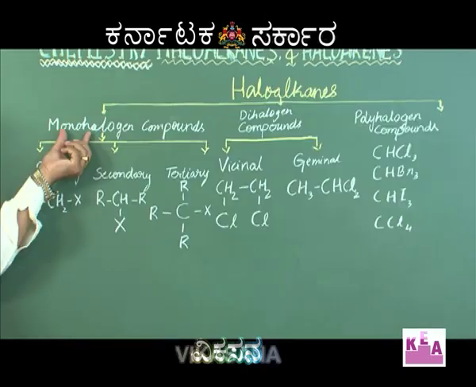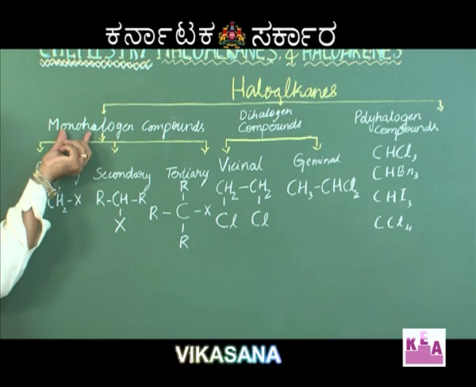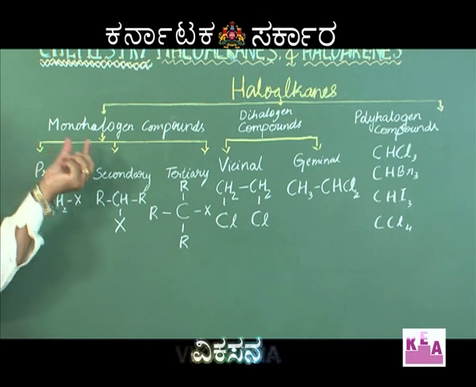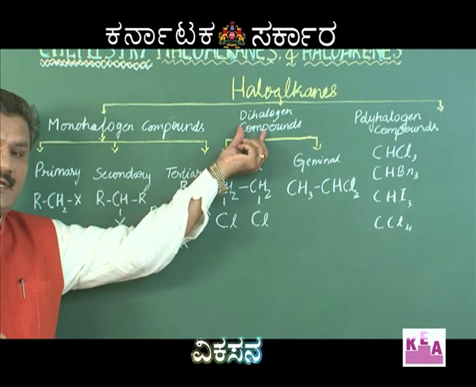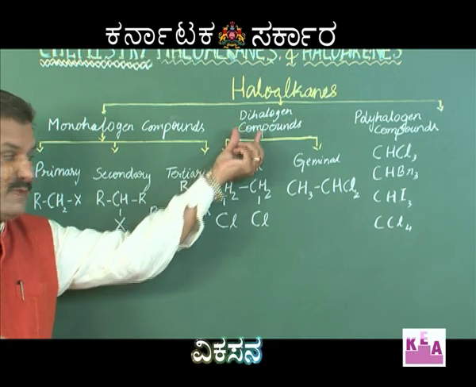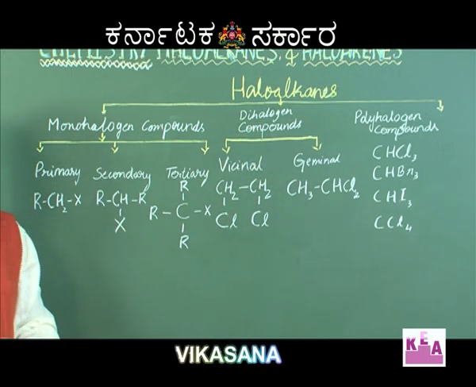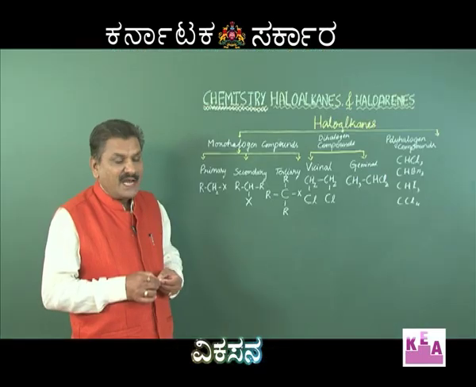In monohalogen compounds, there is a replacement of one hydrogen atom by a halogen atom. In dihalogen compounds, there is a replacement of 2 hydrogen atoms by halogen atoms, while in polyhalogen compounds, there is a replacement of more than 2 hydrogen atoms by halogen atoms.